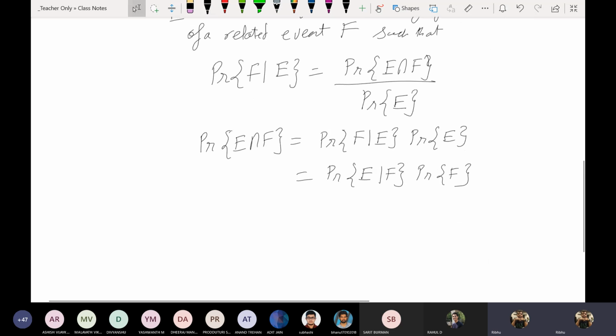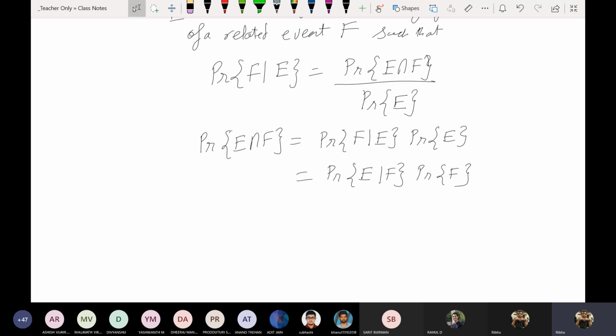So if we slightly rearrange these terms, what is this known as? Bayes theorem. Yes, Bayes theorem.